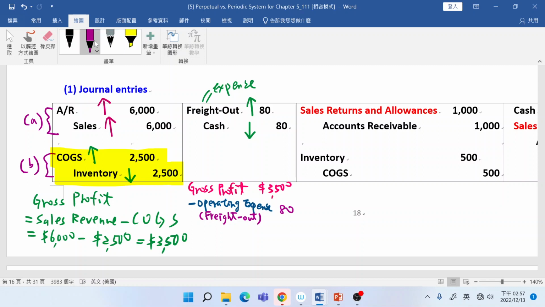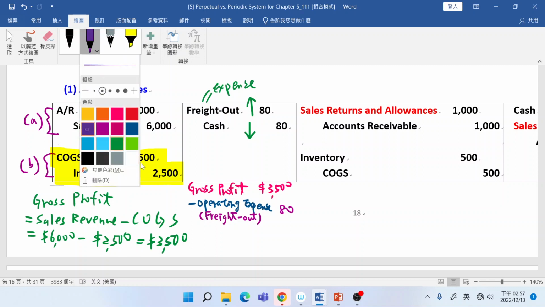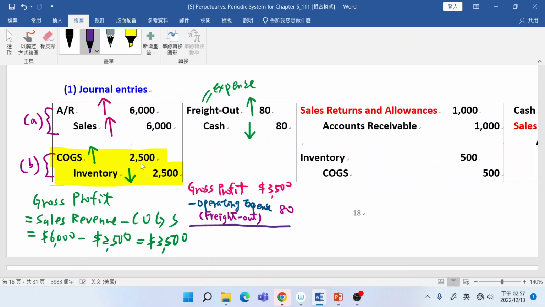Okay, so based on the information we have so far, you got net income should be $3,420. Okay, so did you find out? In order to get final profit, we have different kinds of expenses. In order to get final profit, you could put into your pocket.